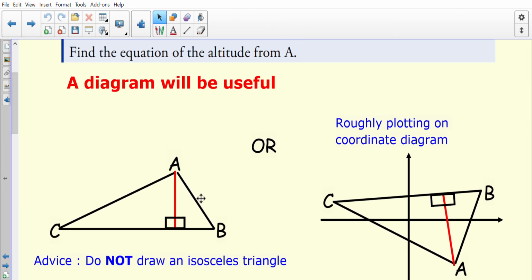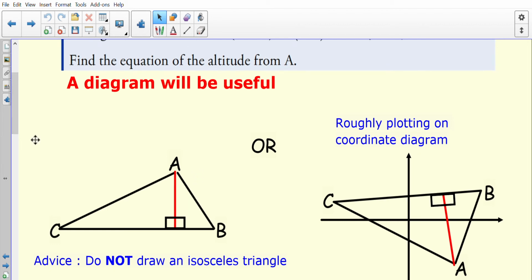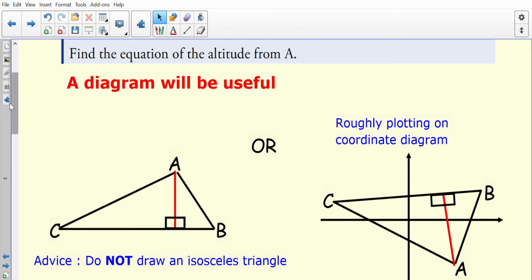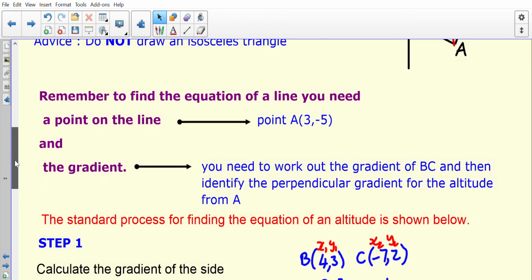So if it was from B, you would flip that round so that B was at the top, or change your lettering system so that B was at the top, and so on. It just makes it a wee bit easier if you've got a diagram in front of you to visualise and work on. Let's look then how we're going to solve this.